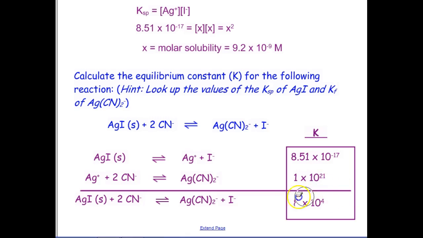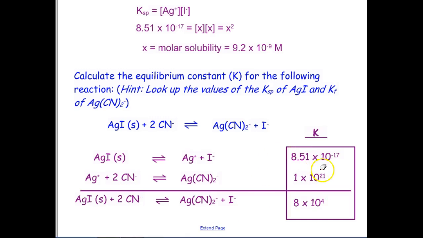So when I multiply those two together, this is a pretty big K. Not a huge K like this one, but big enough that the silver iodide is going to dissolve in the presence of cyanide ions. So that's how we can take ionic solids that don't dissolve, and by adding them with a second reaction, make them dissolve.